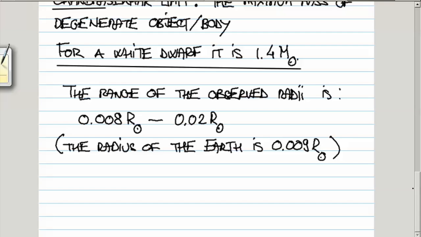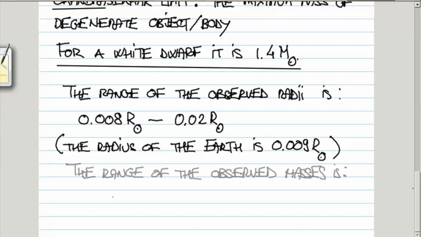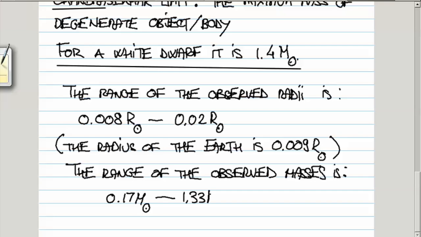And the observed masses of white dwarfs range from 0.17 of the solar mass up to 1.33 solar masses, but most of them have masses in the range between 0.5 and 0.7 solar masses. So from 0.17 solar mass to 1.33 solar mass. Okay, none of these numbers is exceeding the Chandrasekhar limit.